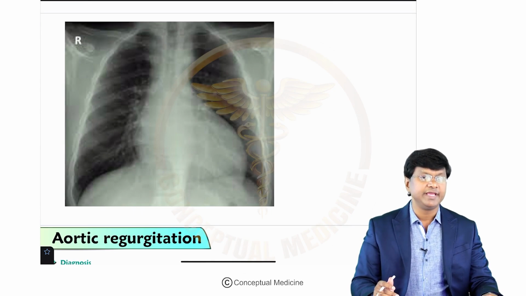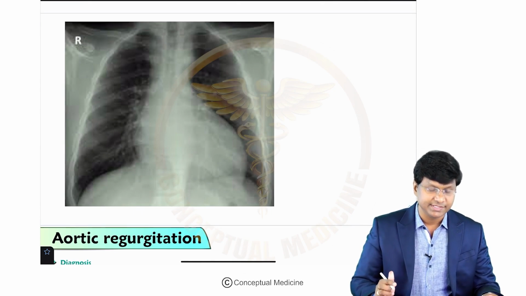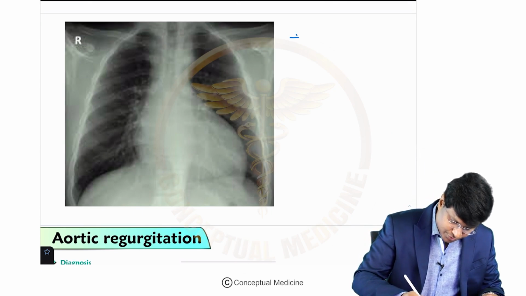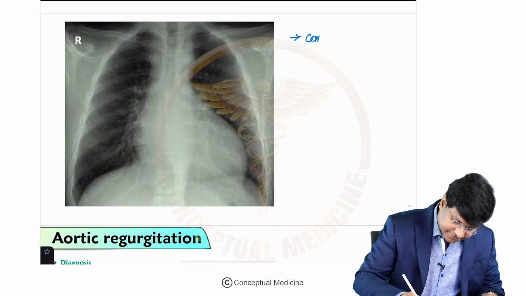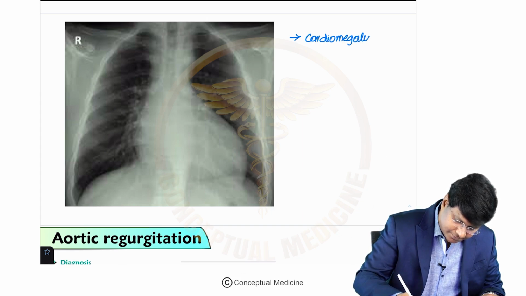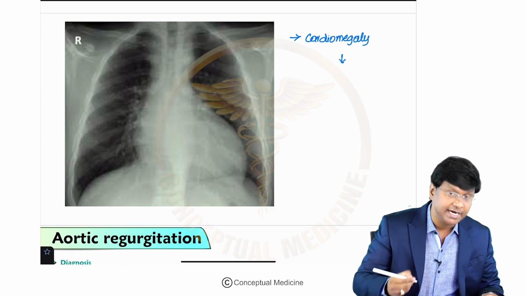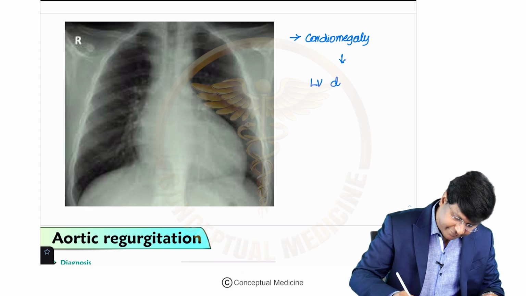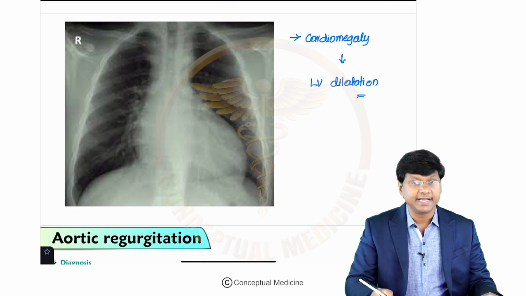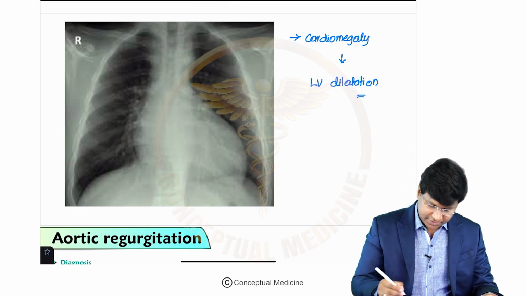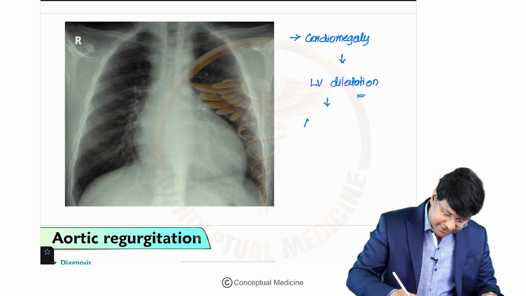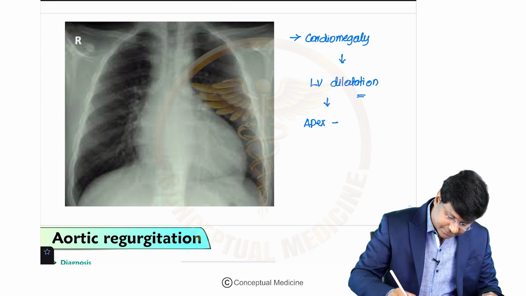What you will be able to make out in the chest X-ray is cardiomegaly, and this cardiomegaly is due to left ventricular dilatation. You can see that the apex of the left ventricle is shifted down and out.